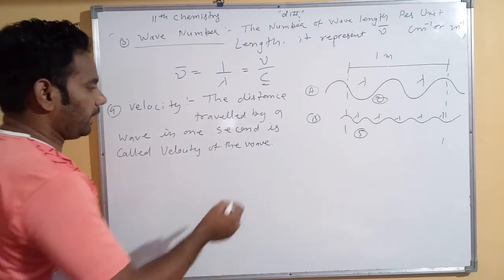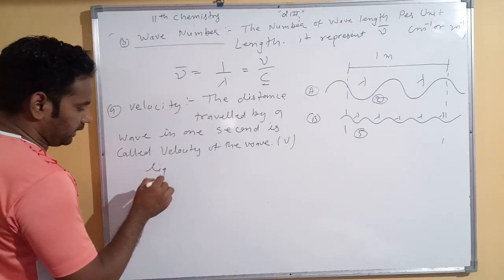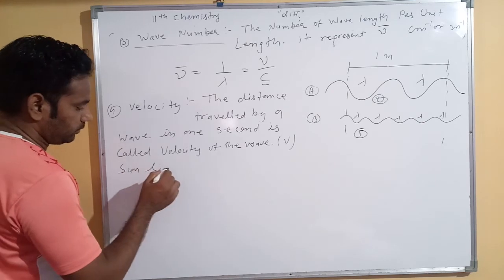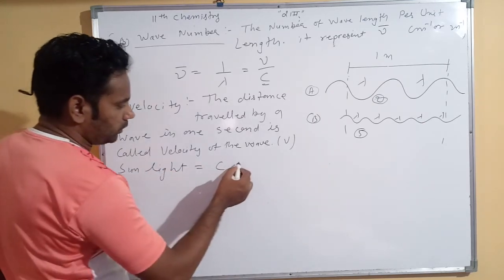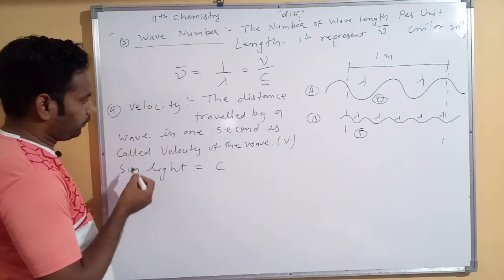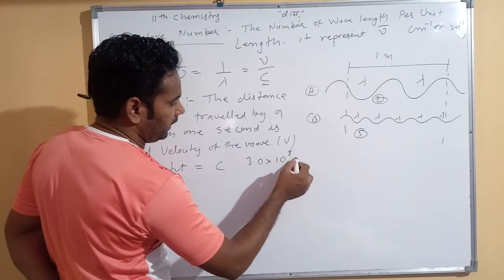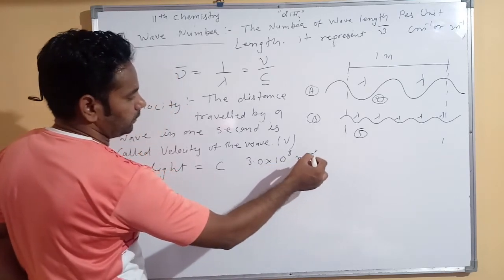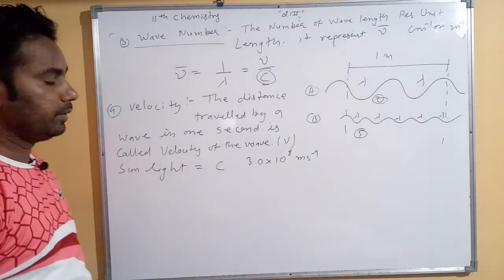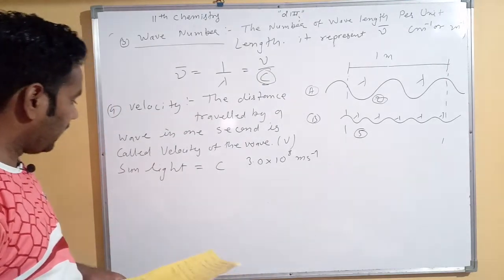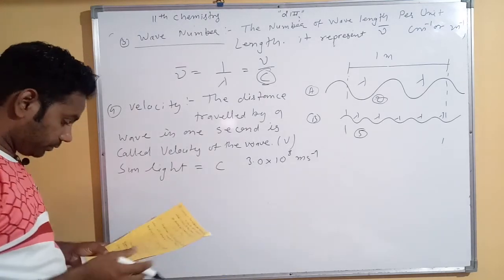It is denoted by v for waves, and for light, sunlight, it is c. We know the velocity of light is 3.0 into 10 to the power 8 meter second inverse. So c is the velocity of sunlight.